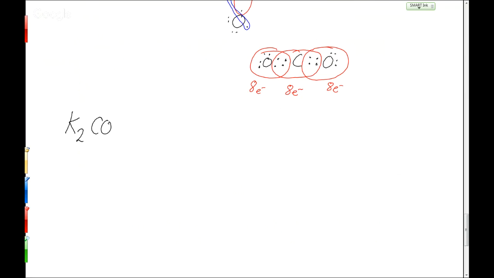We'll redraw this a little bit less ridiculous. Since the ones in between are shared, this oxygen has 8 electrons around it now. This carbon has 8 electrons around it. And this oxygen has 8 electrons around it. And that's only going to happen with nonmetals.